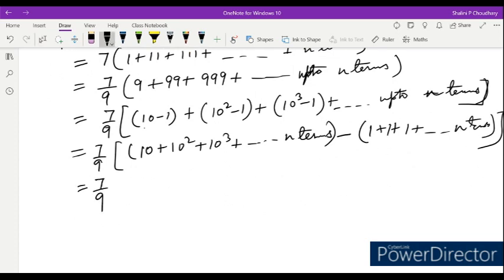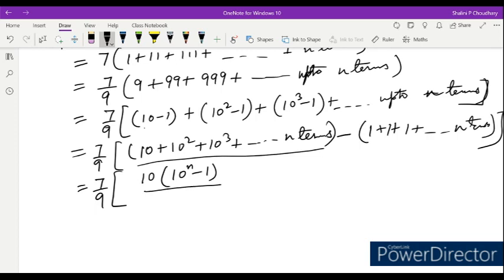So 7 upon 9 and the summation of the 10 part will be equal to, here a is equal to 10 and r is also equal to 10. So 10 into 10 to the power n minus 1 divided by 10 minus 1, and minus n, because we took 1 n times.